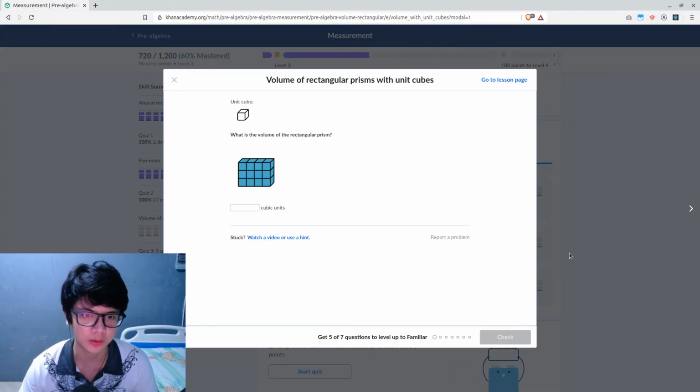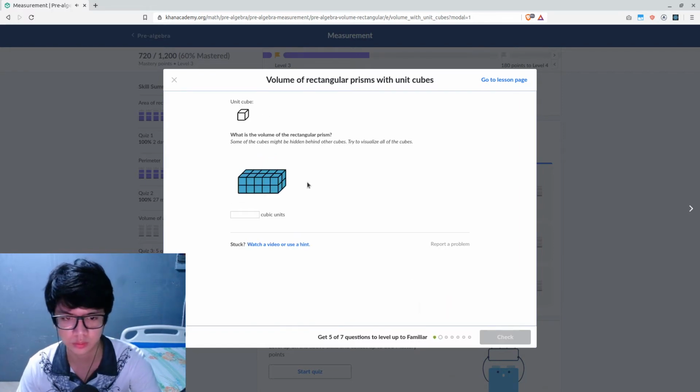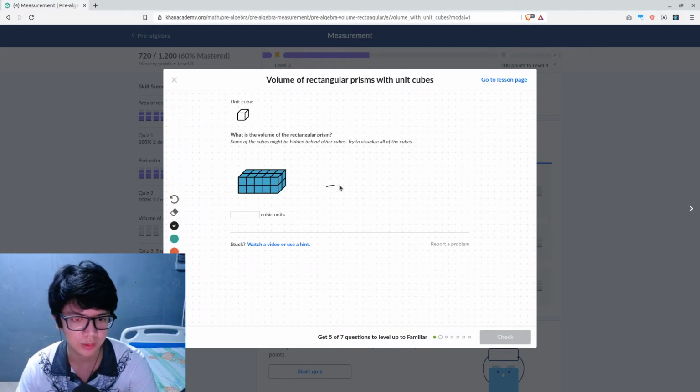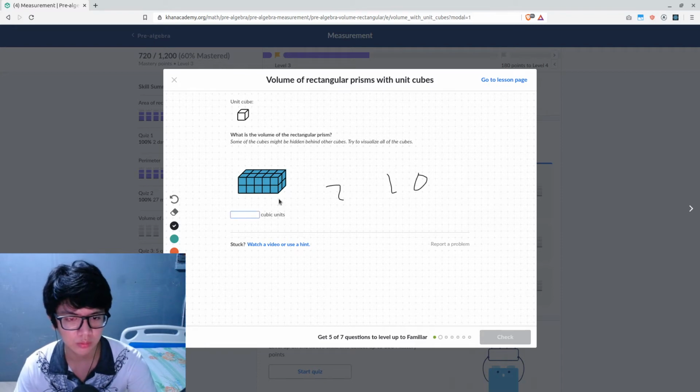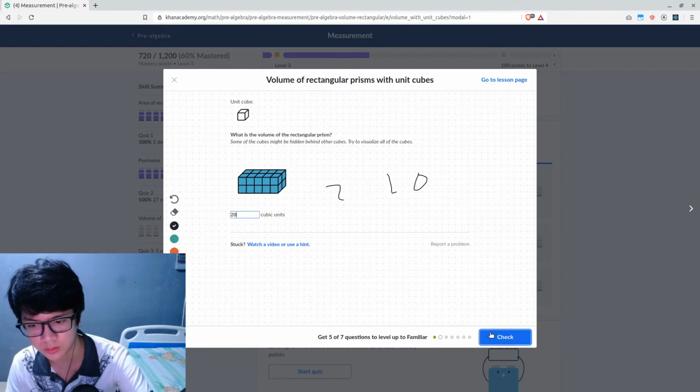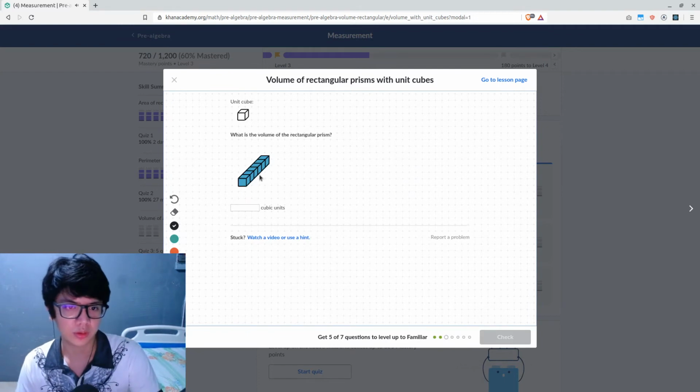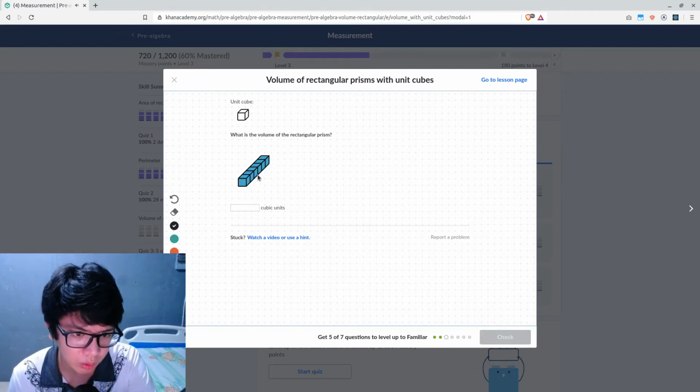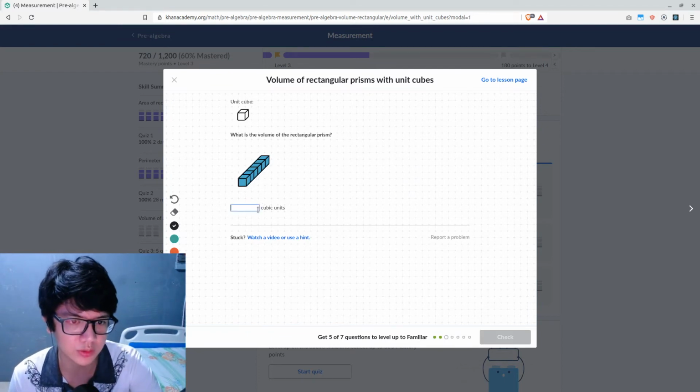What is the volume of the rectangular prism? Gonna be 2 times 5, 10 times 20. Supposed to be? I don't know. Okay, 1, 2, 3, 4, 5, 6.